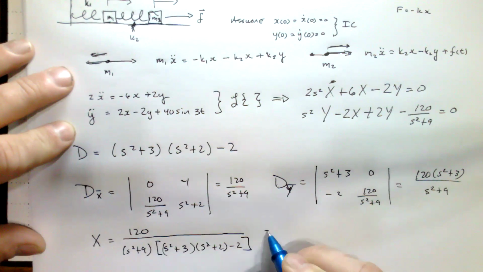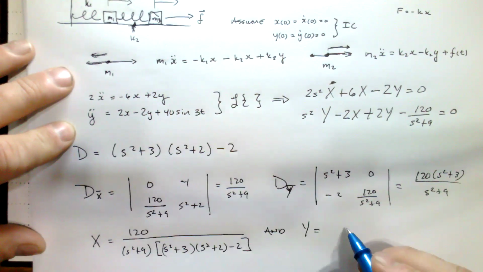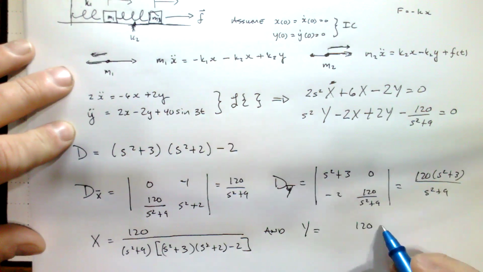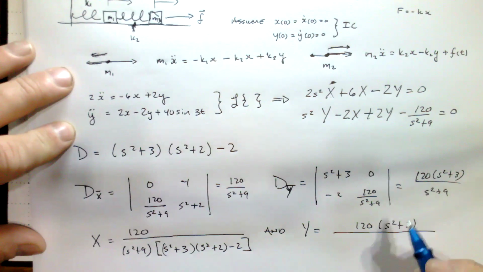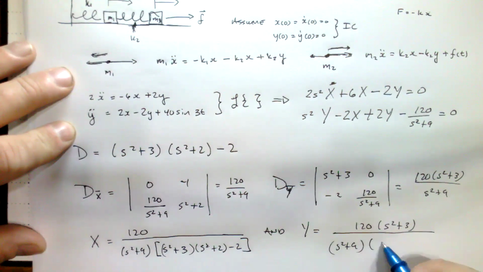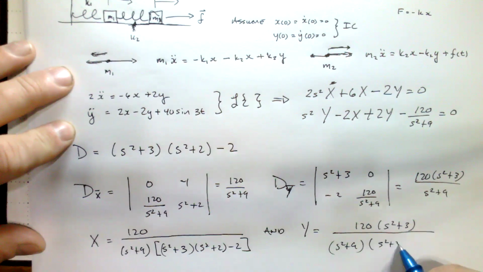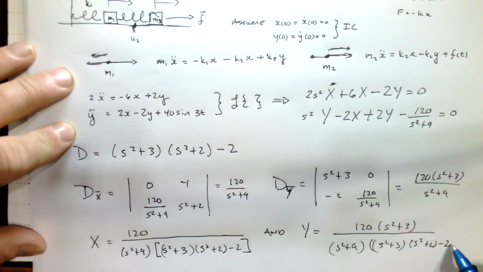And Y is equal to 120 times s squared plus 3, all over s squared plus 9, divided by s squared plus 3 times s squared plus 2, minus 2.